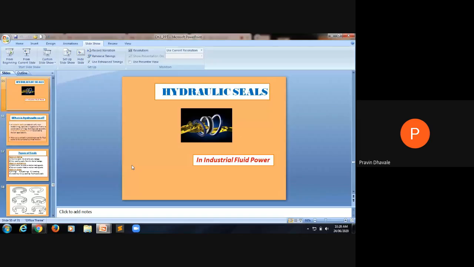In certain cases, a minor internal leakage is intentionally produced in a double acting cylinder, where there is relative motion between piston and cylinder. In order to reduce the friction between the piston and cylinder, a certain internal leakage of oil is purposefully produced.